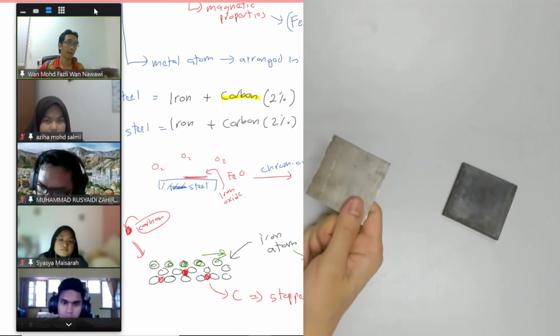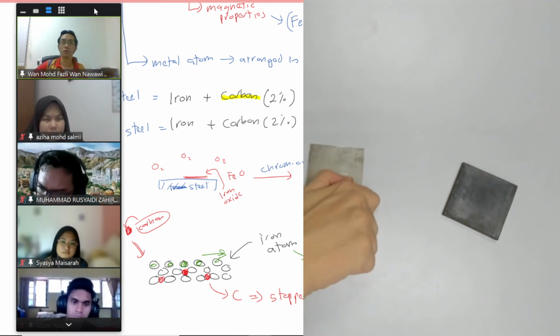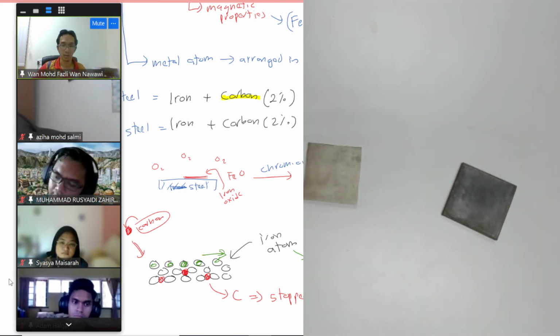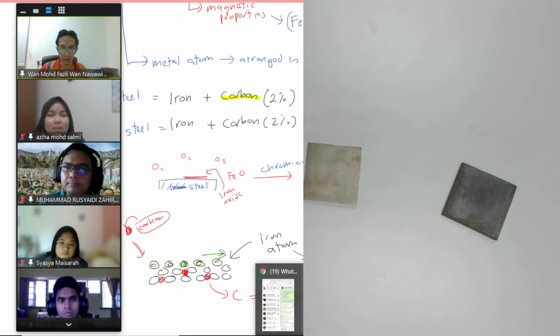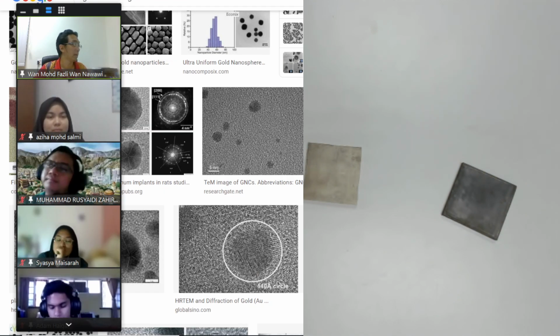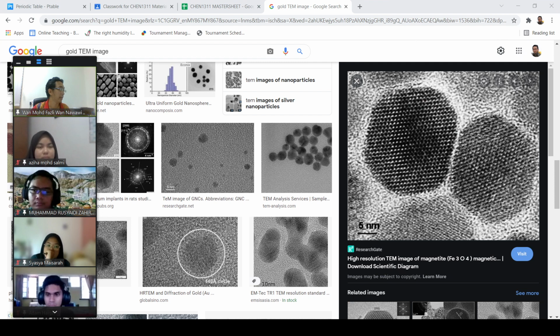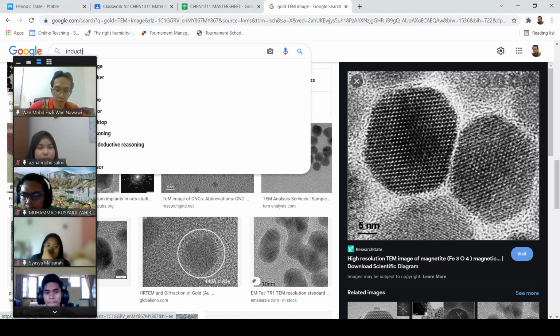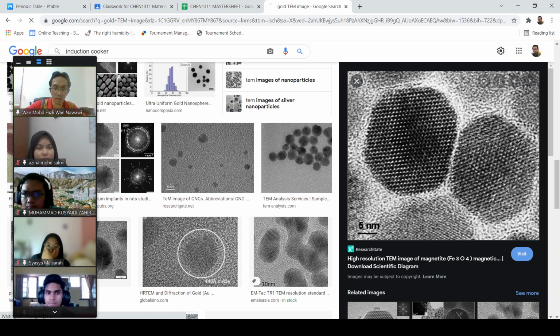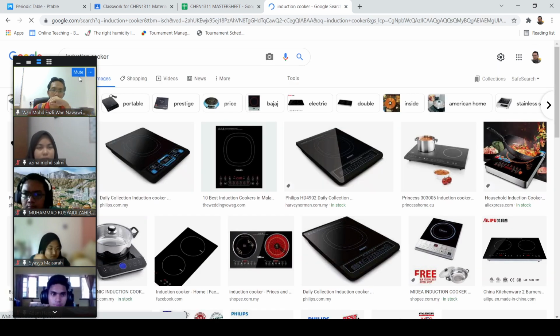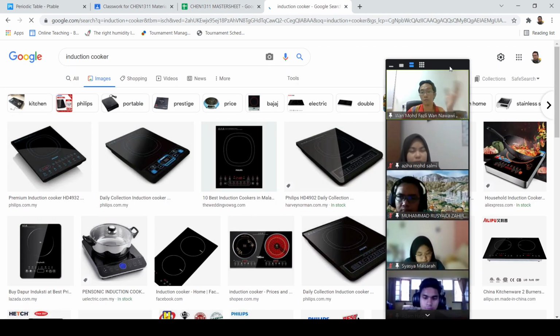So that's why, for example, if you use an induction cooker like this, let me make it bigger, this induction cooker, I don't know, some of you might have it in your kitchen, or might have experience with this induction cooker.